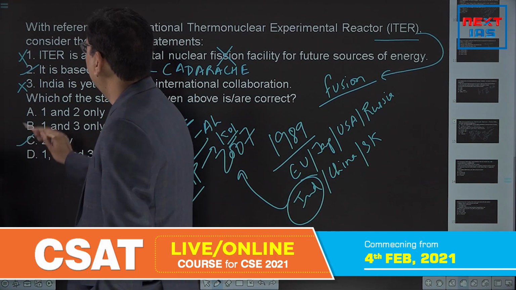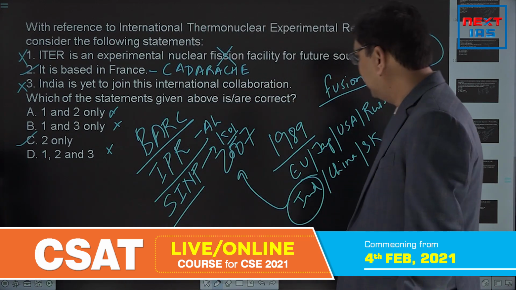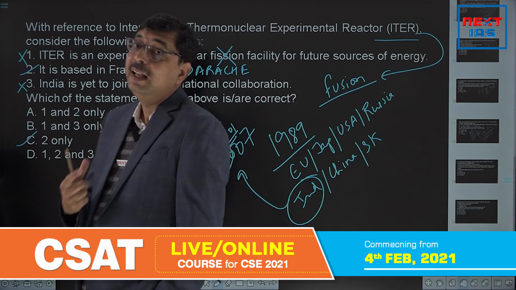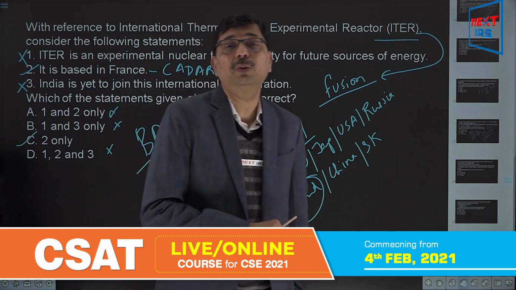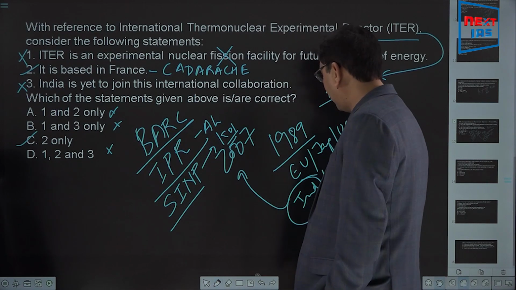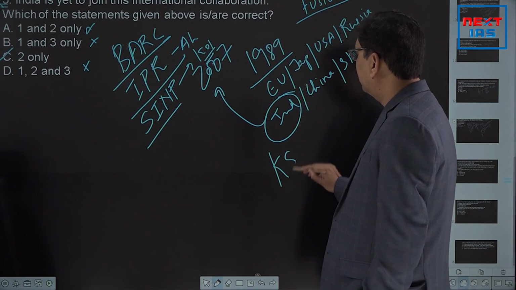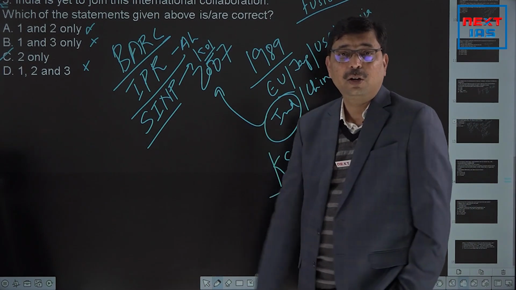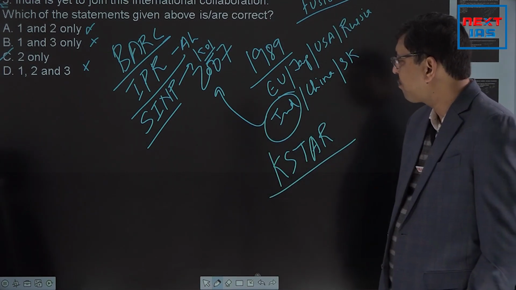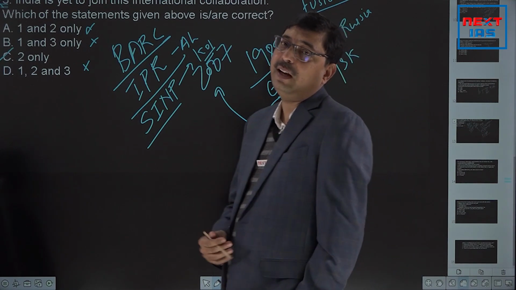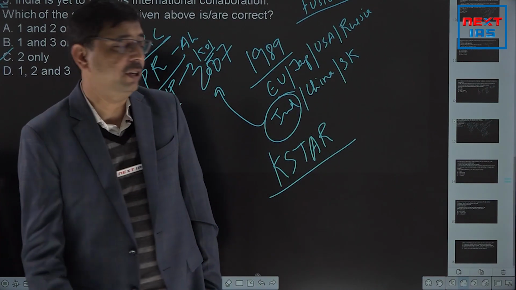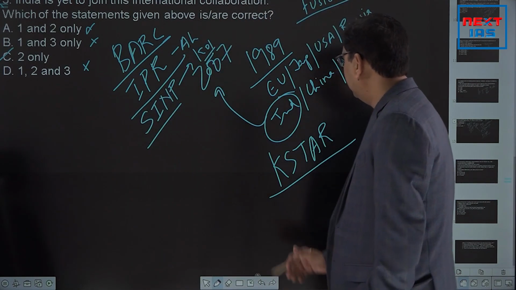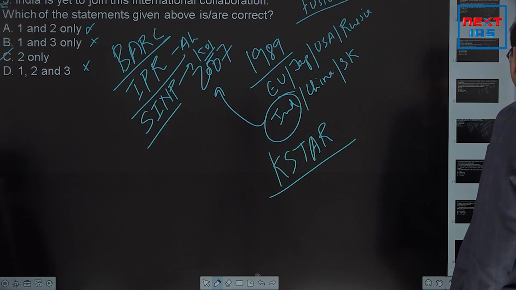So answer is 2 only in case of ITER, and this is a very, very important topic. Recently there was news in South Korea, K-Star, that is Korean Superconducting Tokamak Advanced Research. There they have achieved the highest temperature for the longest duration so far, which was only a few seconds, but it is a very important topic for your exam.